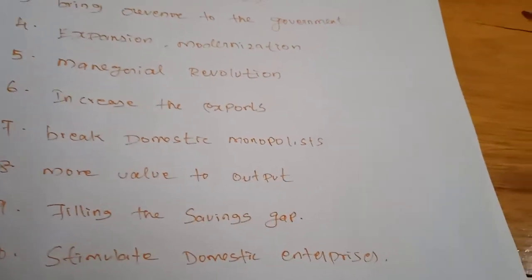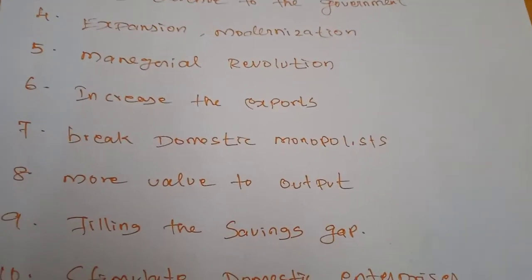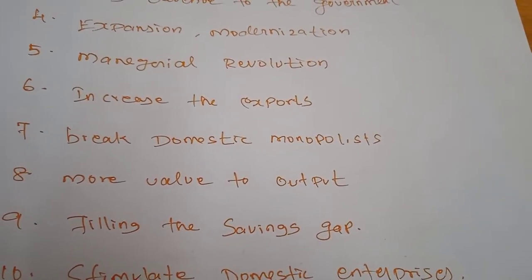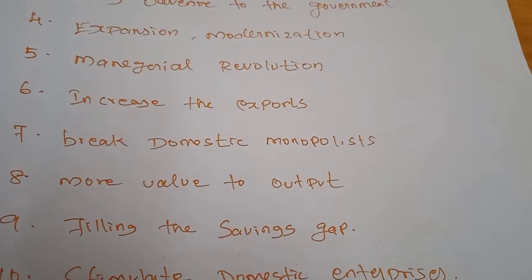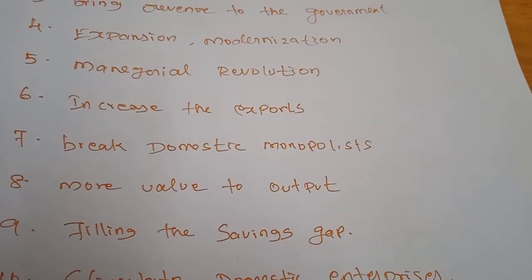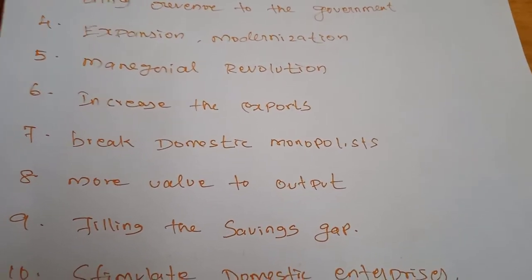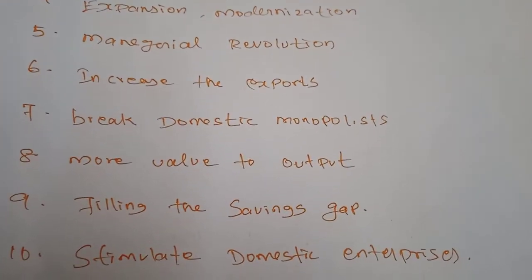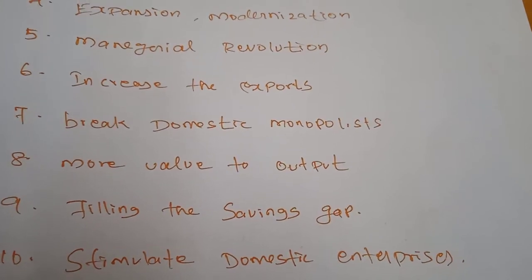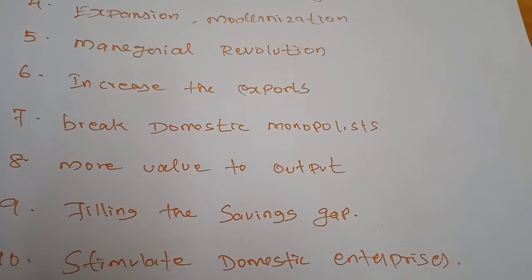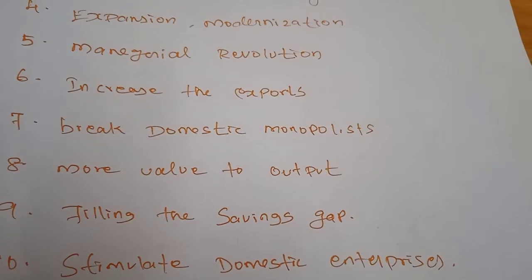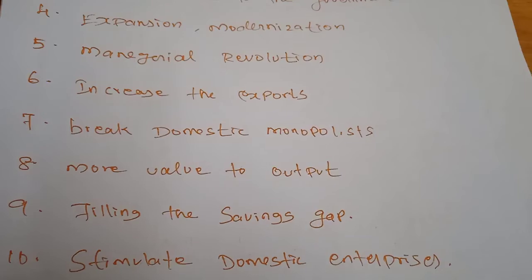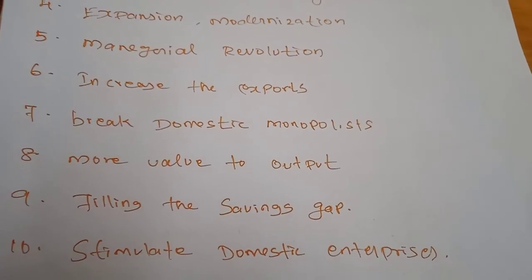So whenever we allow foreign direct investment, we have the chance to increase our exports. And whenever we increase exports, we increase the output of the domestic country. So we will have more output of commodities, and if these commodities have more demand, we will get more value of output.